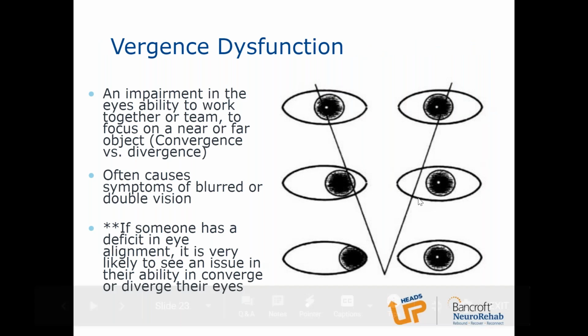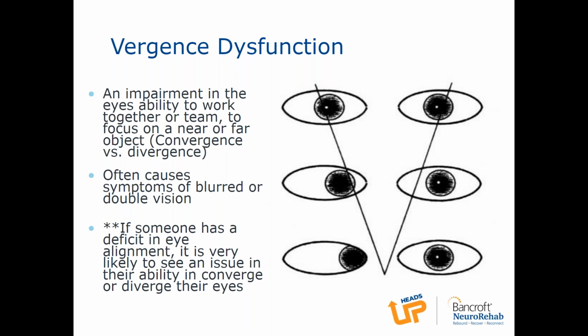So our next topic is vergence dysfunction. And again, just to remind you that vergence is an eye teaming ability. So it's an impairment in the eyes' ability to work together or team, to focus on a near or a far object. And that's going to be differentiated by convergence insufficiency versus divergence insufficiency.